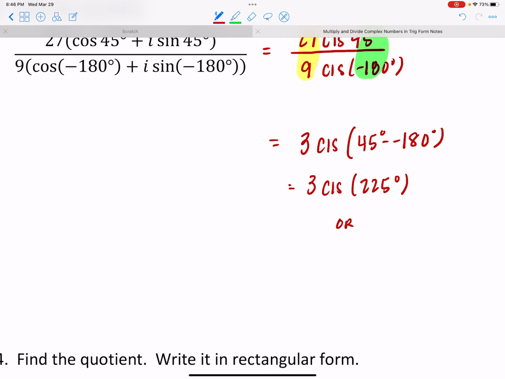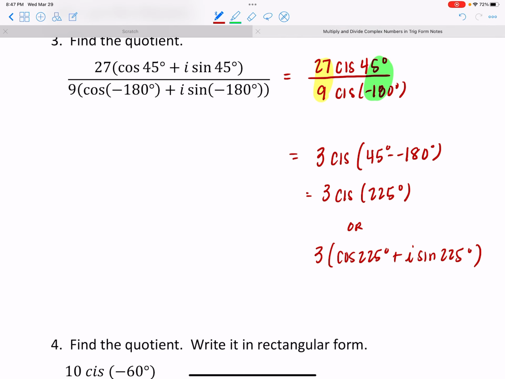Or if you wanted to expand that out, that would be 3 times the cosine of 225 plus i sine of 225. So either one of those would be perfectly acceptable for the answer, condensed or not. But division and subtraction. Okay, so that's the quotient still in the polar form.